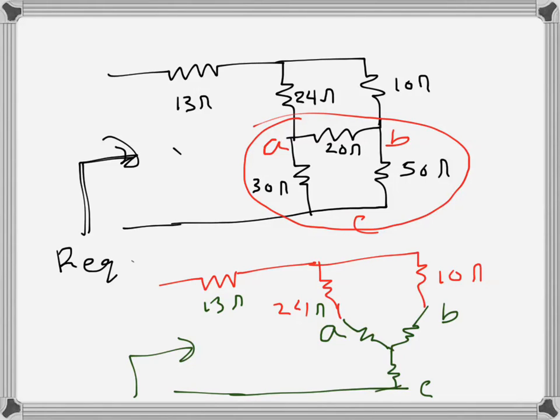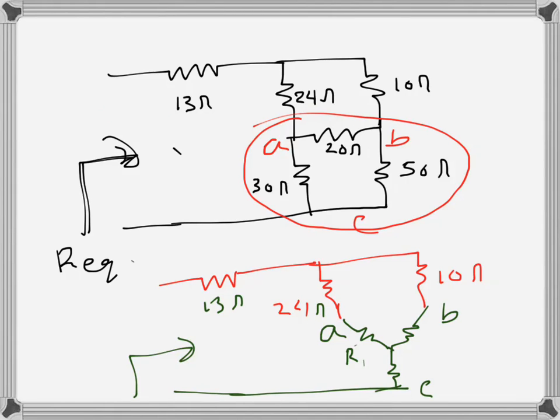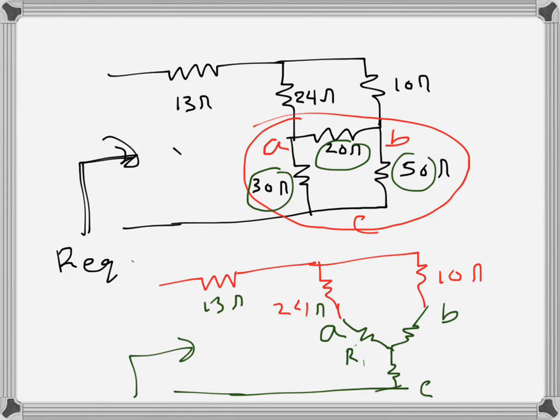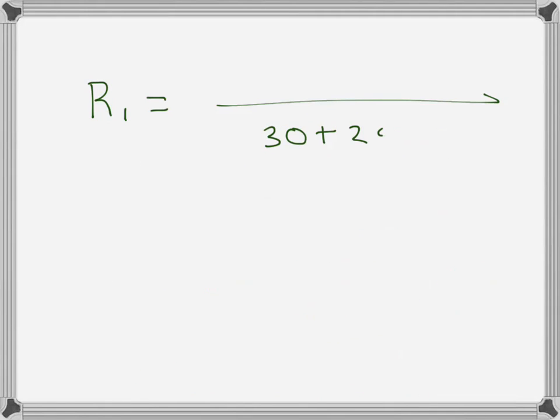Now when I convert to equivalent Y, this resistance, let's call it R1. If this is R1, in the denominator it will have the summation of all these three. So that will be 30 plus 20 plus 50, which is actually 100.